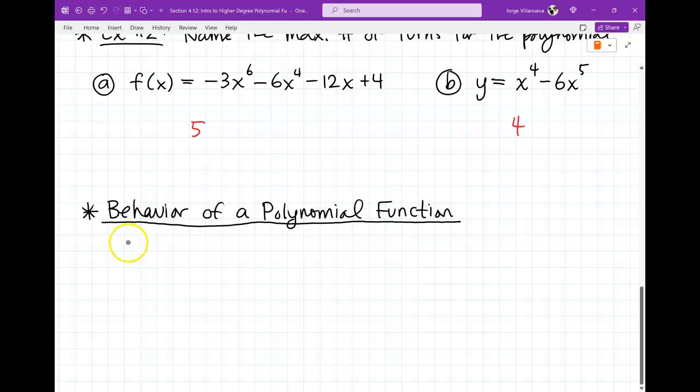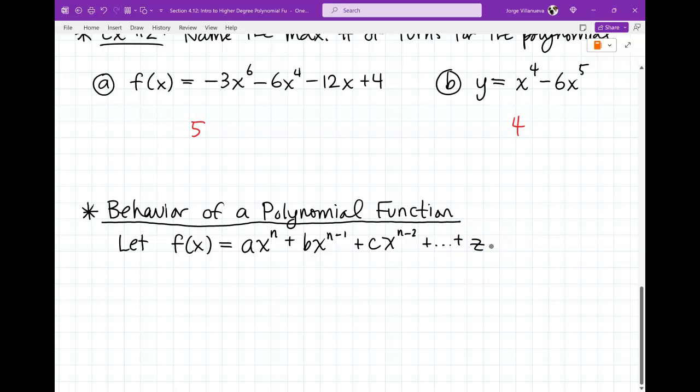So I'm going to start off with let f of x equal to, this is going to look really weird, okay, but don't get scared by it, because your problems are not going to look like this. We'll just put right here some number at the end.